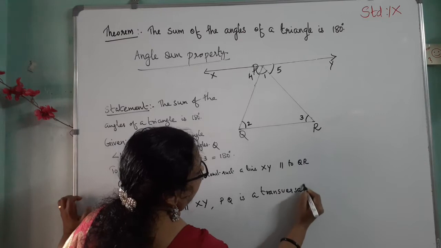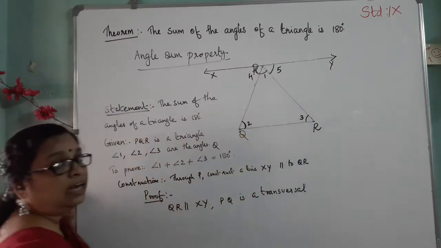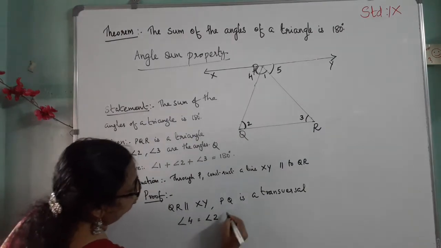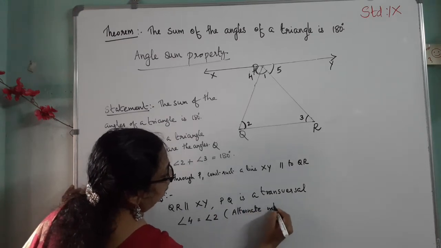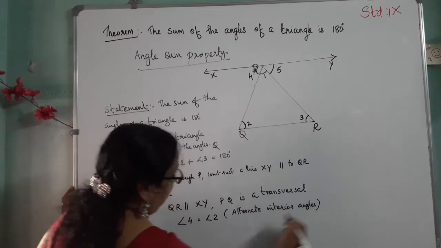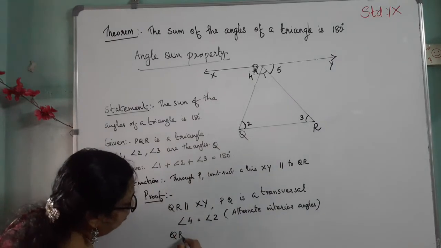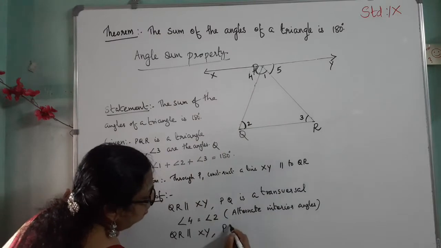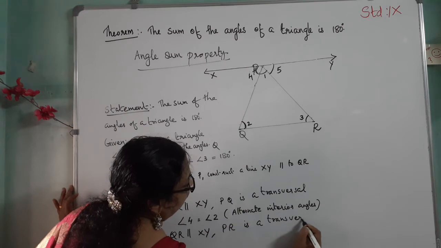Then angle 4 and angle 2 are alternate interior angles. So we can write angle 4 equals angle 2. Reason: alternate interior angles. Again, QR is parallel to XY, and PR is a transversal.